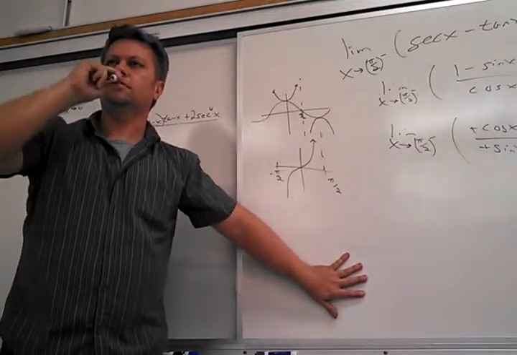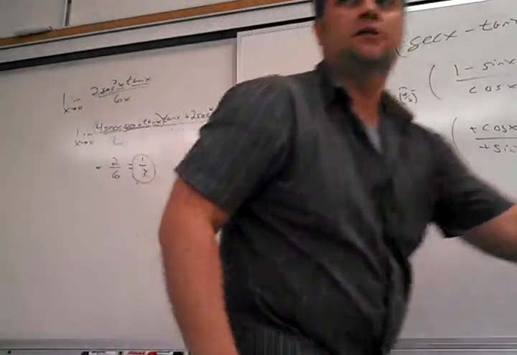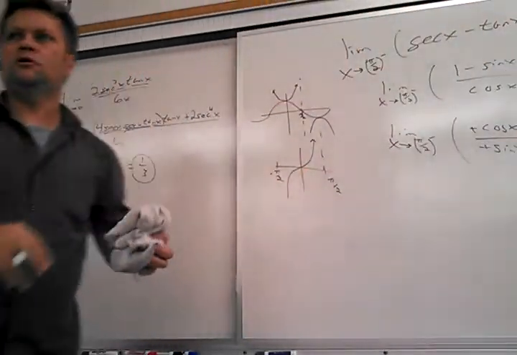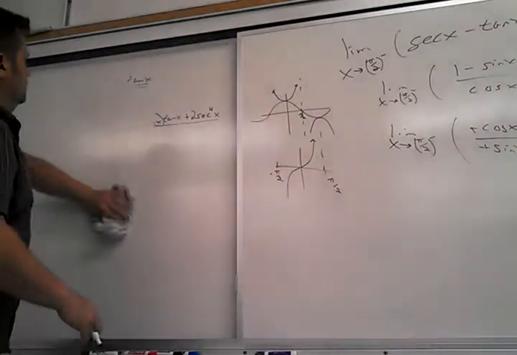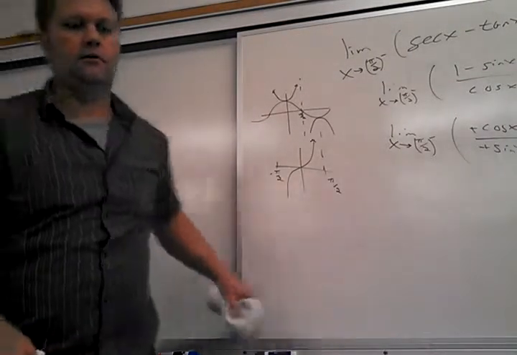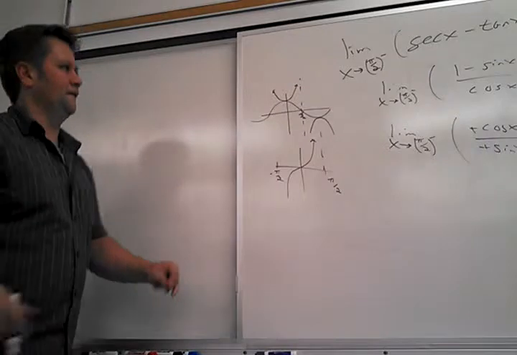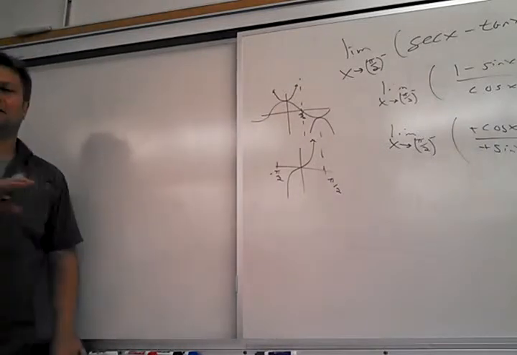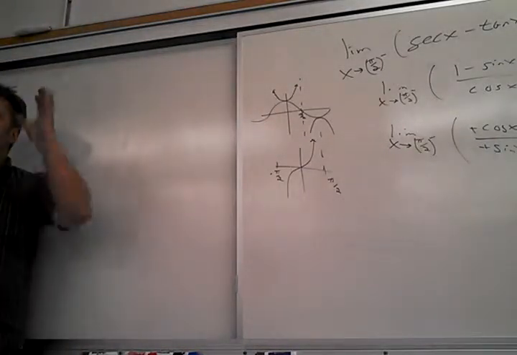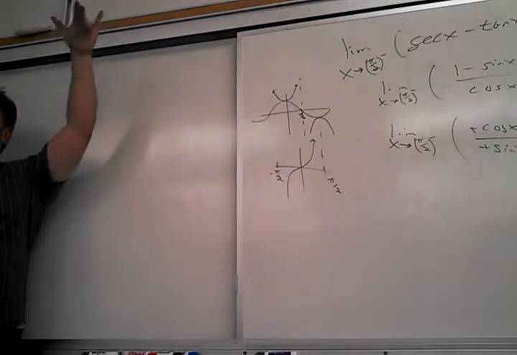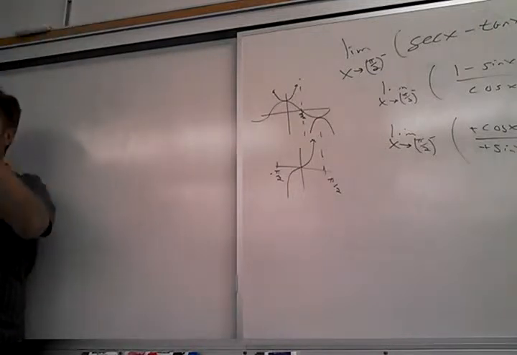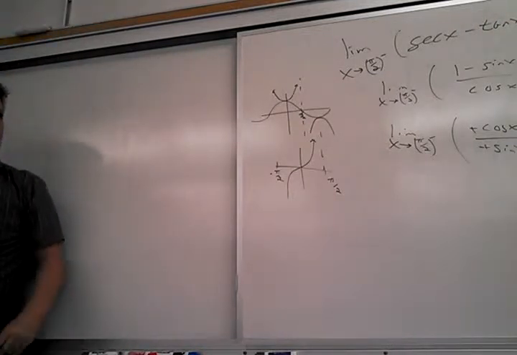Write it down. Wait. And look at it. Write it down. 0 over 1. I got it. Okay, all right. I don't mean to pick on you, but it's really easy to get up here with all this new stuff and not realize it.